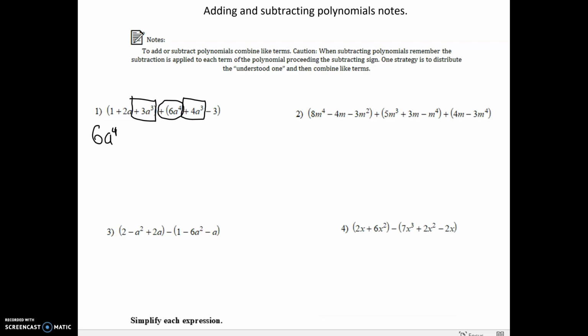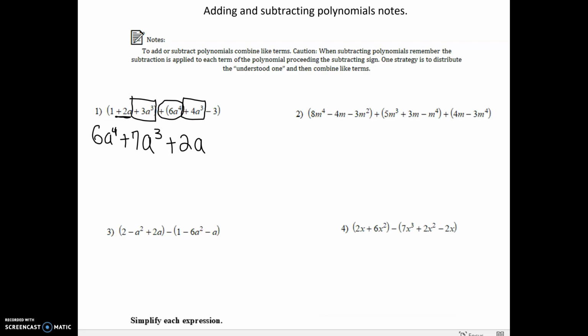So you're just going to add 4 and 3, and you'll get positive 7, and you're going to keep the a to the third. Next would be the positive 2a. You'll notice you don't see another 2a or another a, so that's going to be my next term.